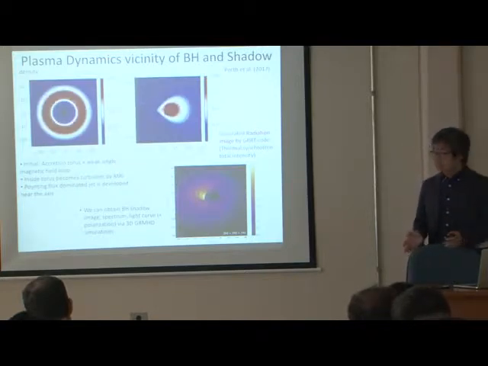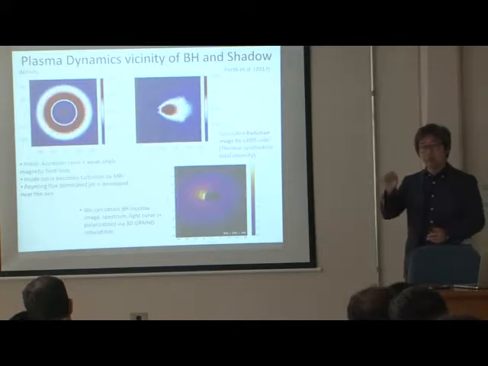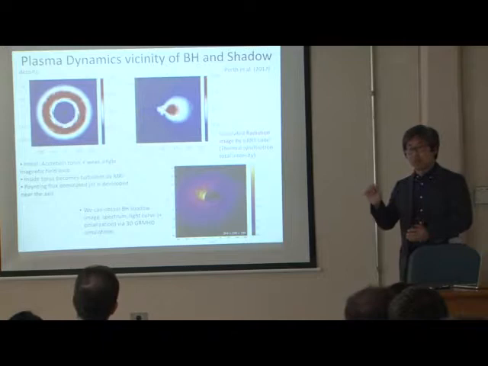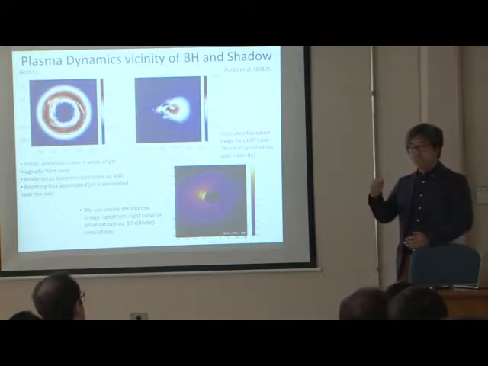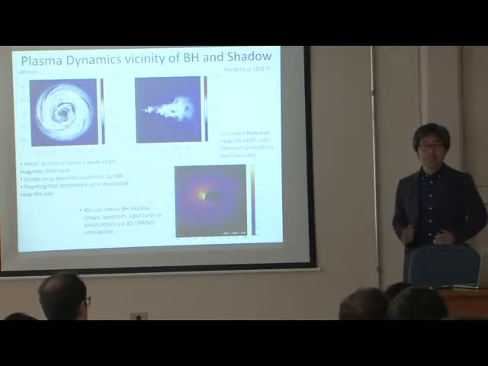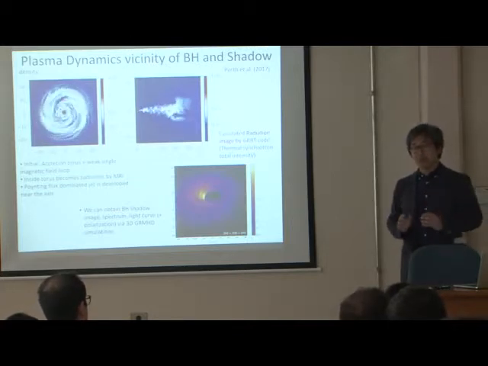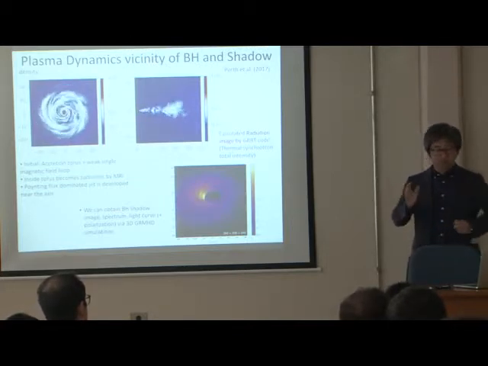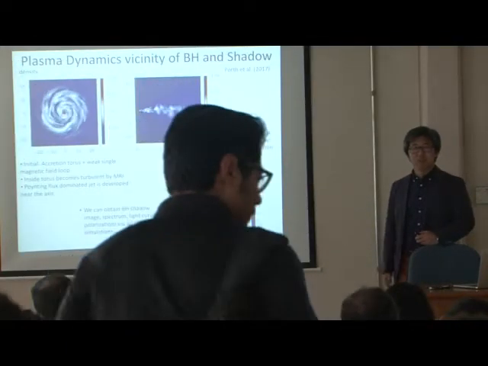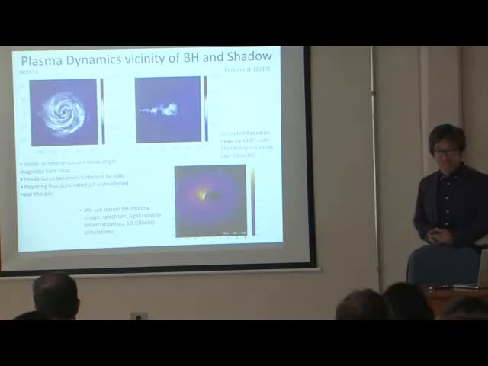Here we assume a temperature profile where the ion temperature is proportional to the electron temperature. Then this gives a distribution that produces this emission. So we still need some assumptions about the plasma behavior to produce the emission.